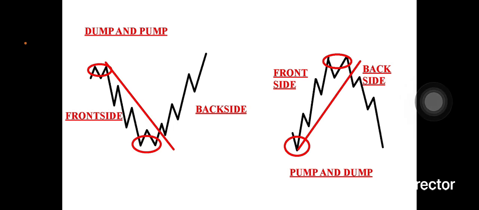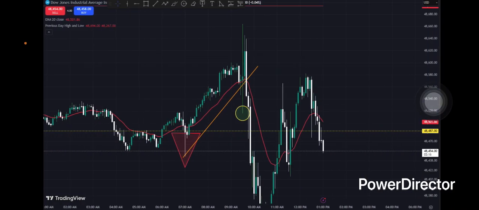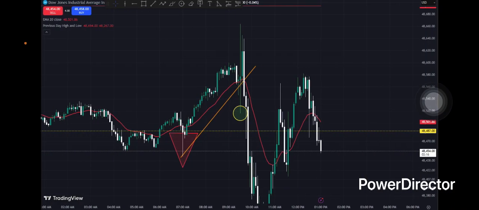Let's get right into these charts. Here is the DJ 30, and you can see that we have a pump and dump template going into the session. Remember, I told you it could be over the course of 3 days, 3 sessions, or 3 hours in the session.